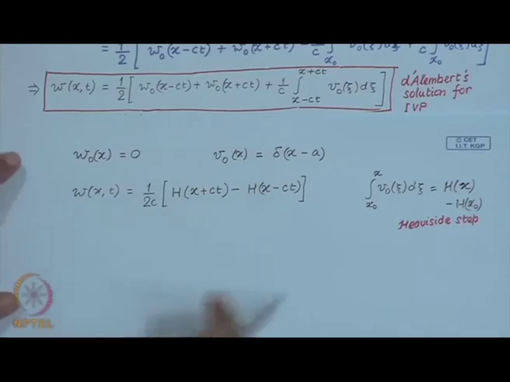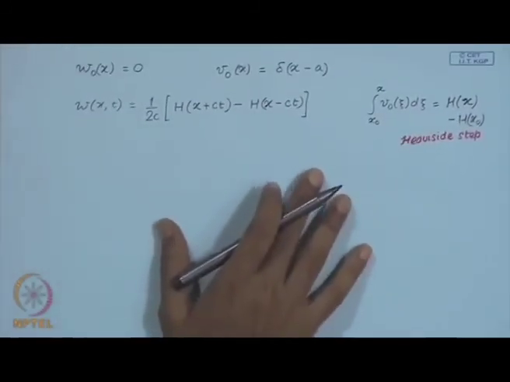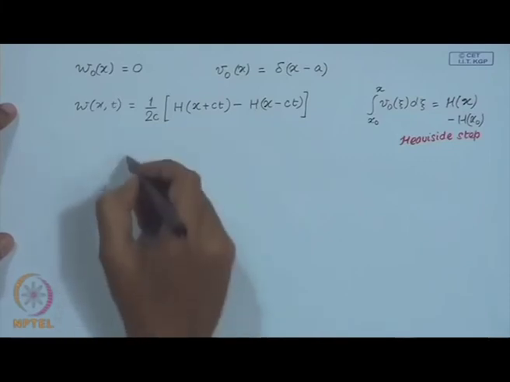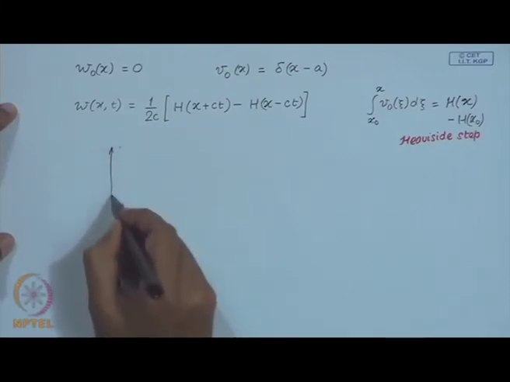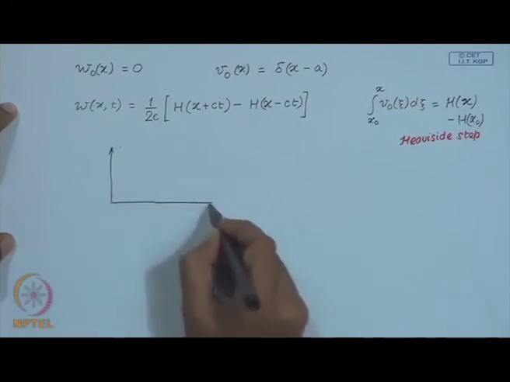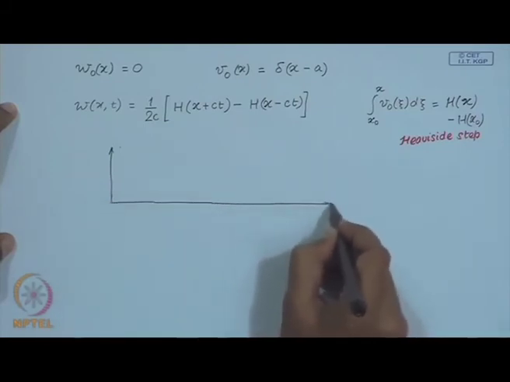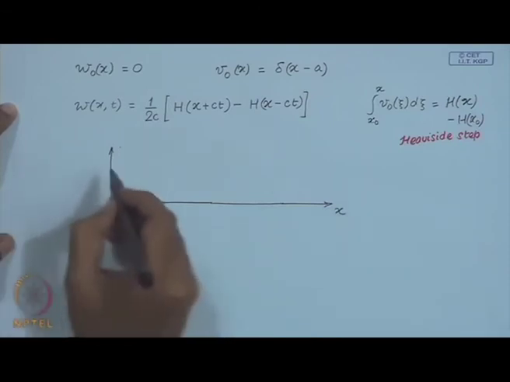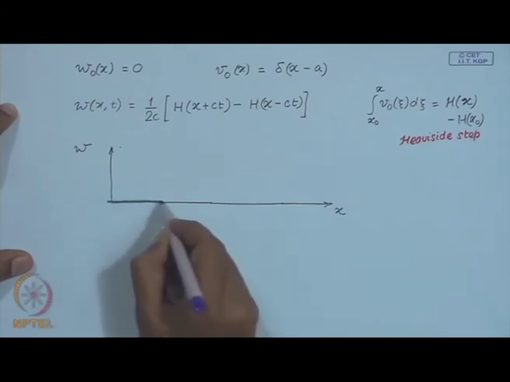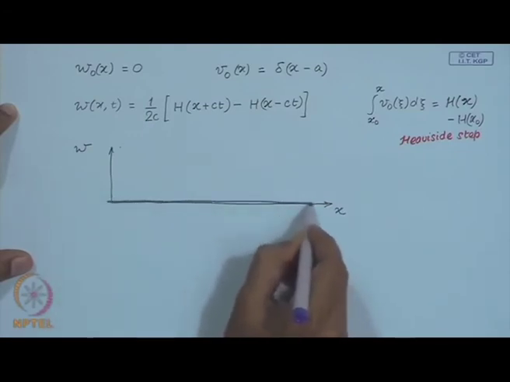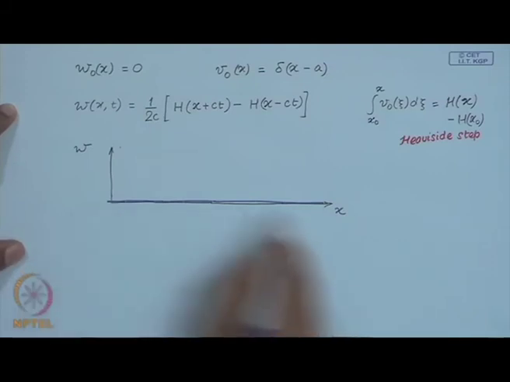Now, let me once again draw the solution. So, the initial shape of, let us say, the string is 0.